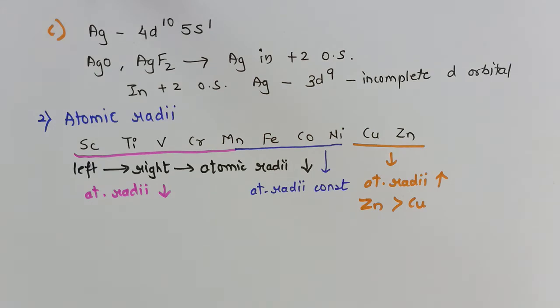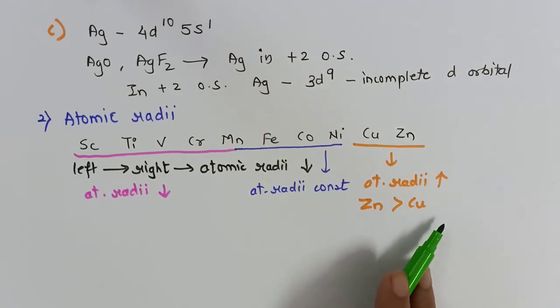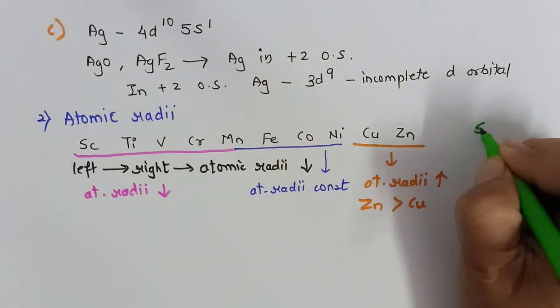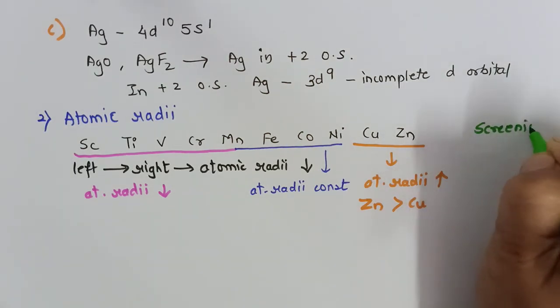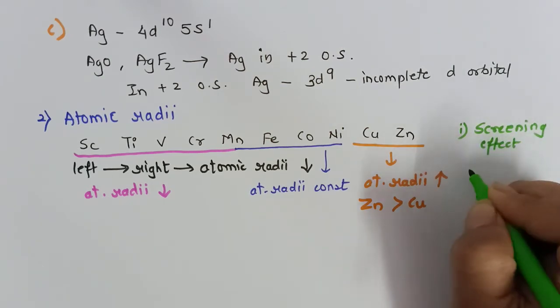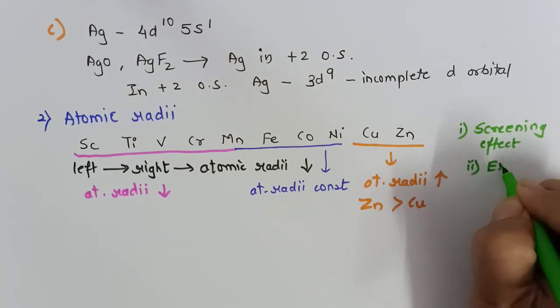Now why are there so many variations in atomic radii? For explaining this variation in atomic radii, I will consider two factors. One is the screening effect and another is effective nuclear charge.